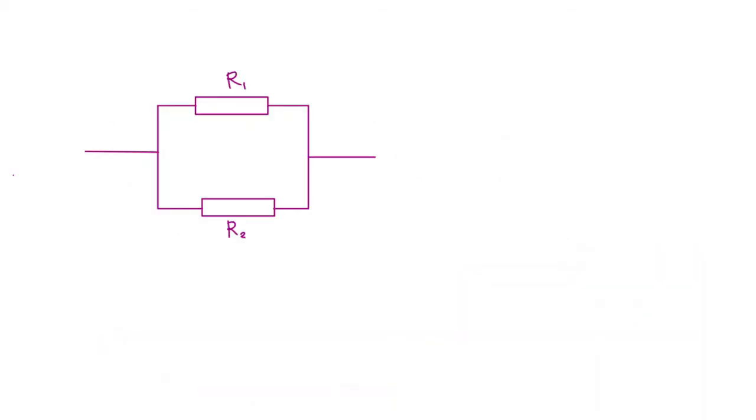Now, here is another very important property of resistors that we can use in a lot of calculations. When you have two resistors in parallel, the total resistance of this combination can be calculated directly using the idea that it is the product of the two resistors divided by the sum.